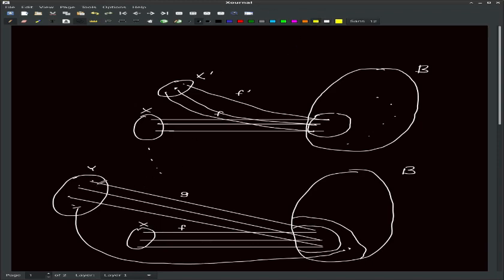So you can see what I am doing. H exactly does this mapping. Okay, so this is my map H.